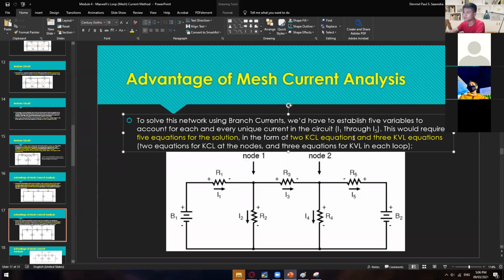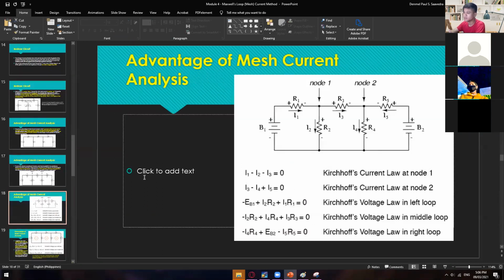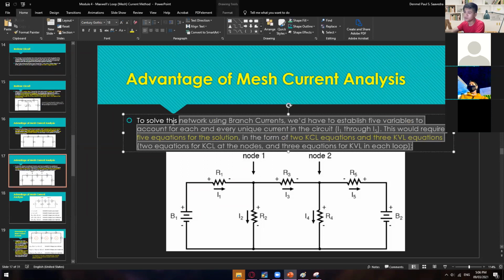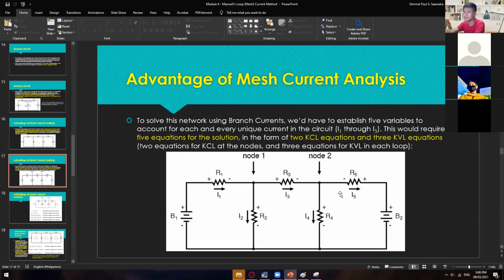The form of the KCL equations, I guess, is on the next part. So it wasn't mentioned in here, but if you're going to use the mesh current analysis, you will only have 3 equations in here. Equation number 1 for loop 1, equation number 2 for loop 2, then equation number 3 for loop 3.